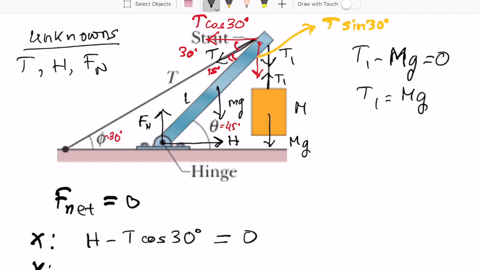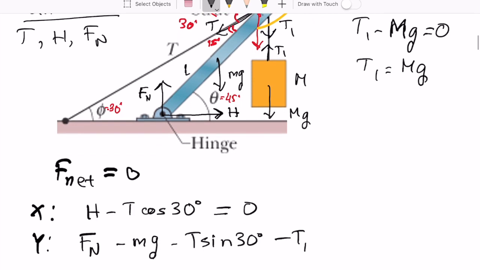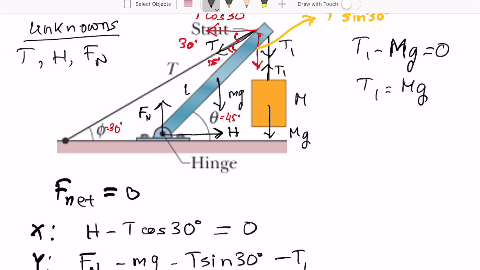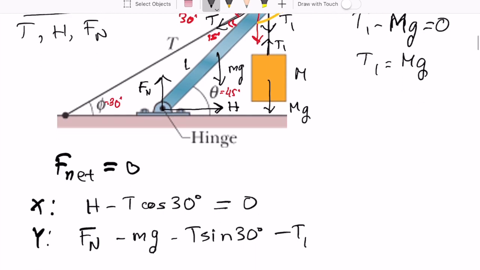In the y direction, what forces do we have? We have FN acting upwards, we have mg acting downwards, then we have T sine 30 also acting downwards, and then we have T1 acting downwards. And that's all. Is that correct?